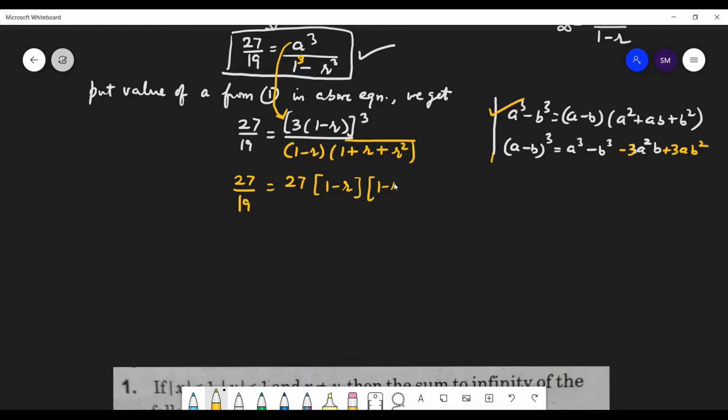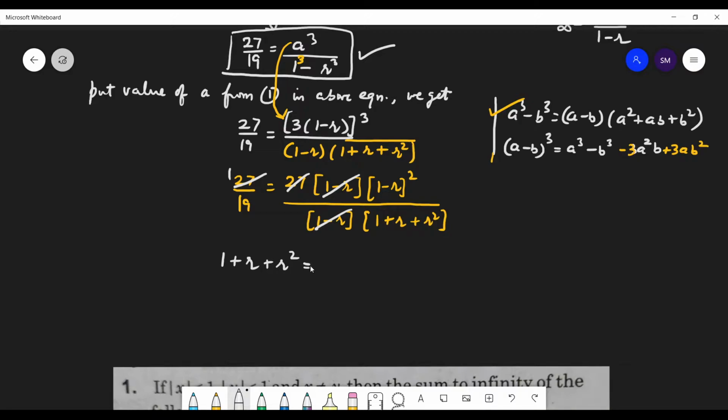So I can write 1 minus r raised to power 3 like this also: 1 minus r into 1 plus r square. So this clearly cancels out and this will also cancel out. Okay. So what you are left with, students, is 1 on this side. So cross multiplying, 1 plus r square is equal to 19 into 1 minus r whole square.